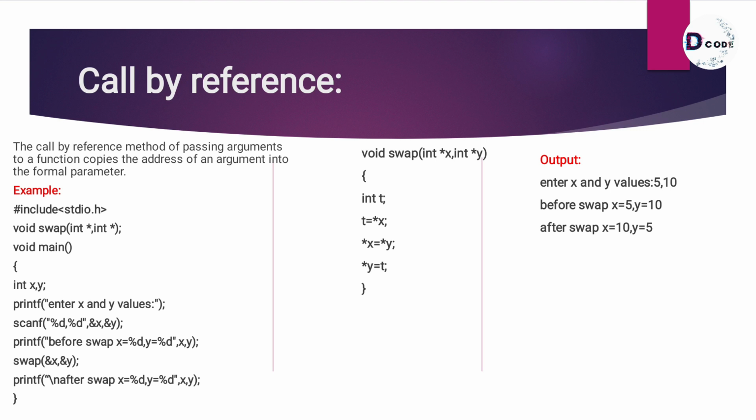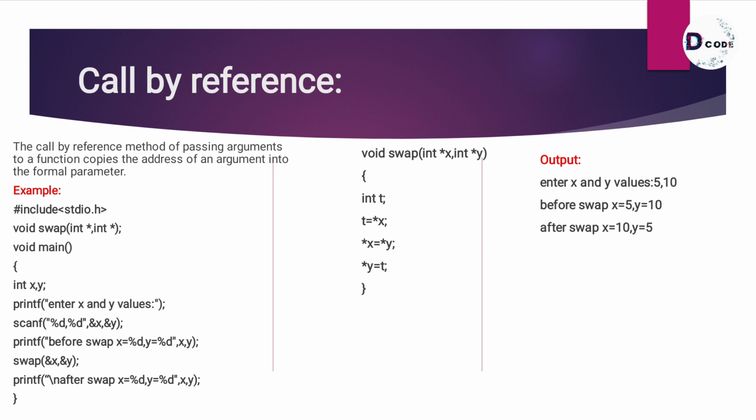Here the asterisk does not represent the multiplication symbol, it indicates the pointer. Here if we make any changes in the values of x and y, then it affects the values of actual parameters.